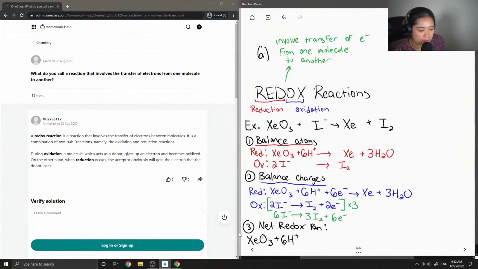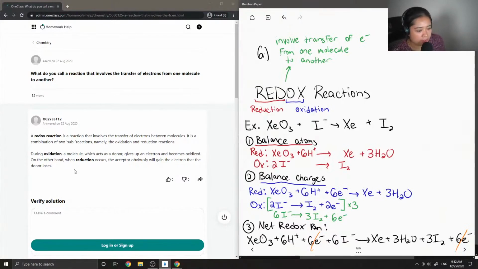Okay, so 6H plus, 6 electrons, plus 6 iodine makes xenon plus 3H2O. And now I can also cancel out my electrons since they are present on both sides. And then we are left with the net redox reaction.